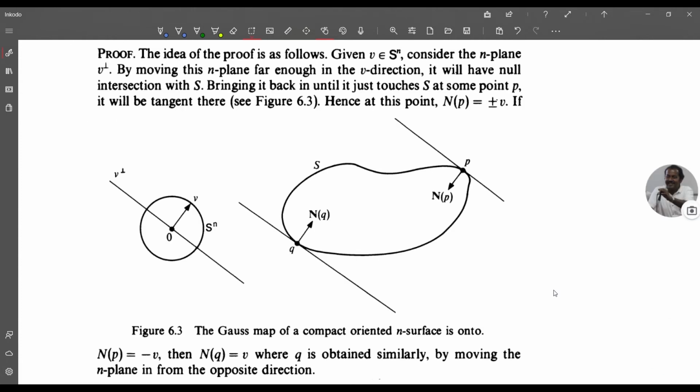The idea of the proof is as follows. Given a vector v in S^n, consider the n-plane v perp, the plane perpendicular to v.